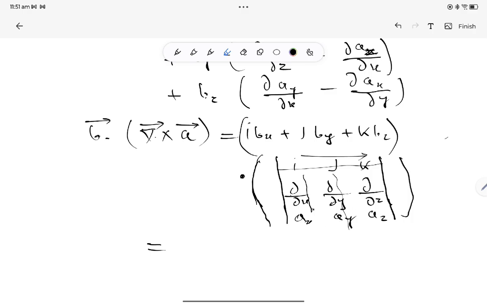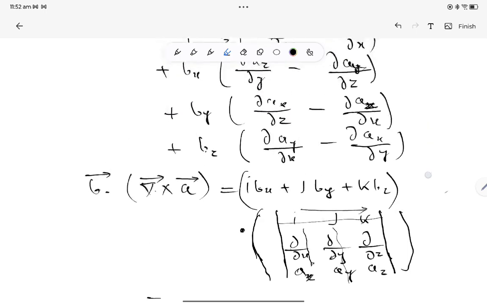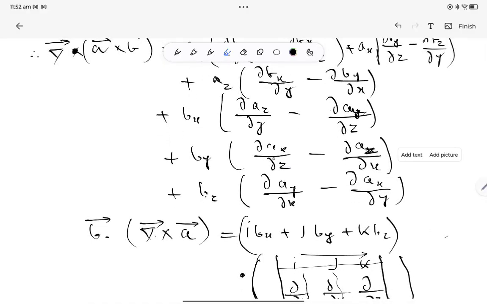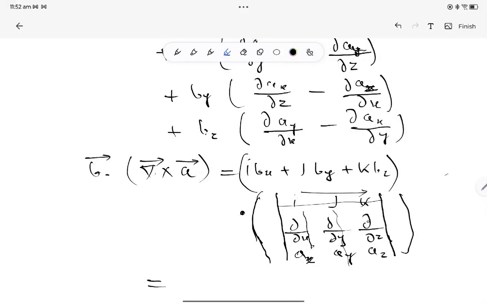What is this? Ax, because it is in the column of this i. Del Ax by del z minus del Az by del x.